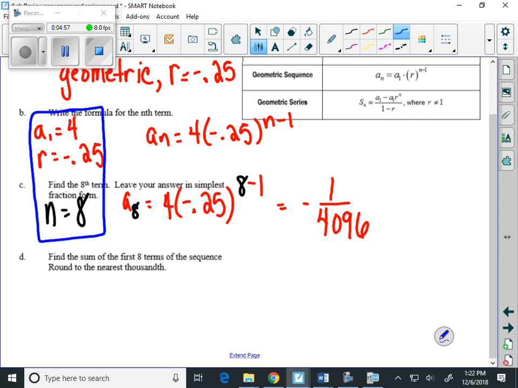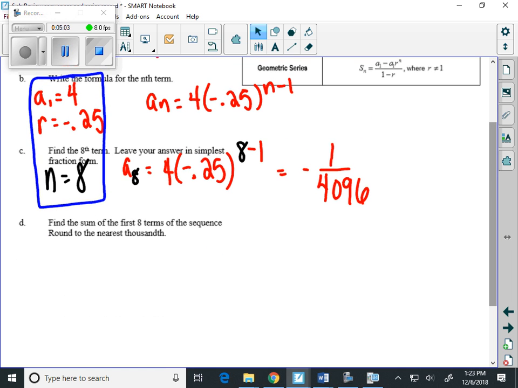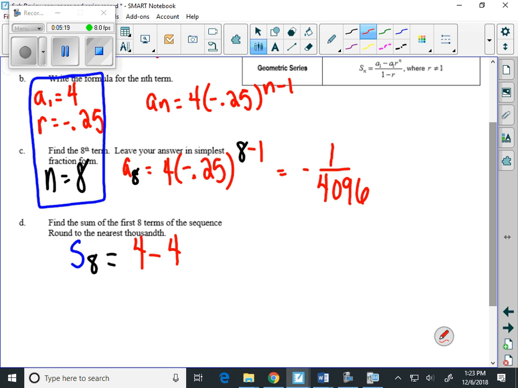These are the parts that we need to use for part D. Scroll back up there, filling in our formula, the sum, that's what the S is, the sum of the first 8 terms equals, well, A1, 4, minus 4 times negative 0.25, we'll stick with our decimal, to the n.